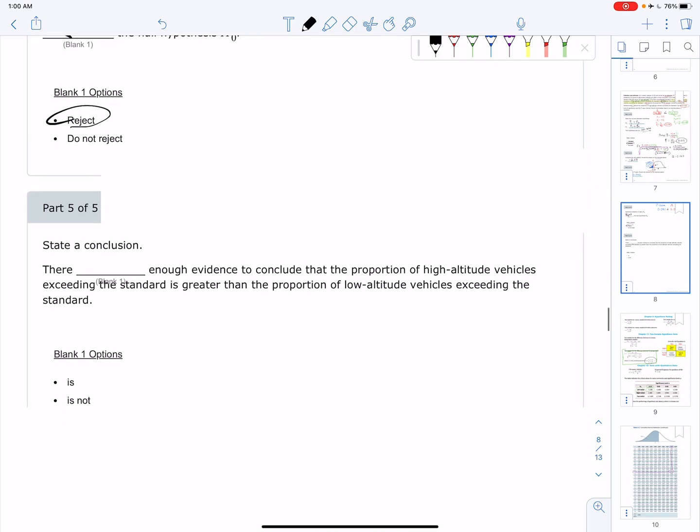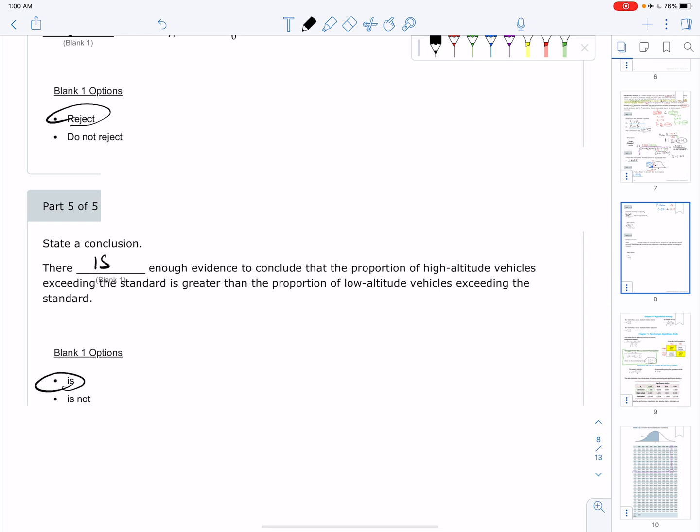If you could reject the null, there is enough evidence. The statement is going to flip just like that original statement. We're done, but remember what happened. We assume that P1 equals P2. They're asking us to see if we can conclude that P1 is less than P2.